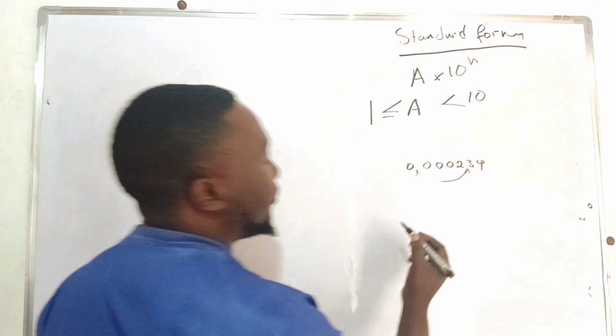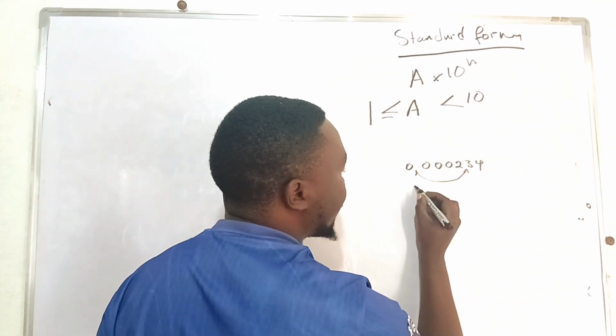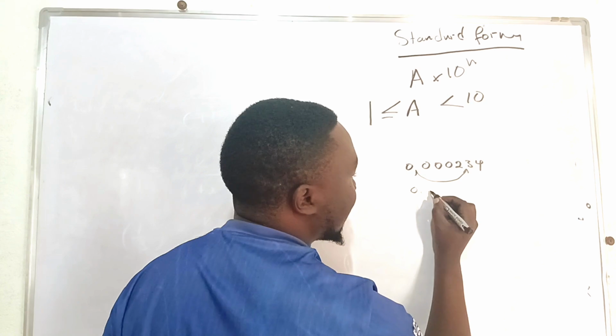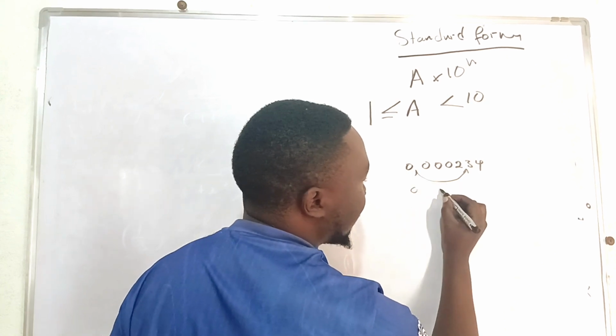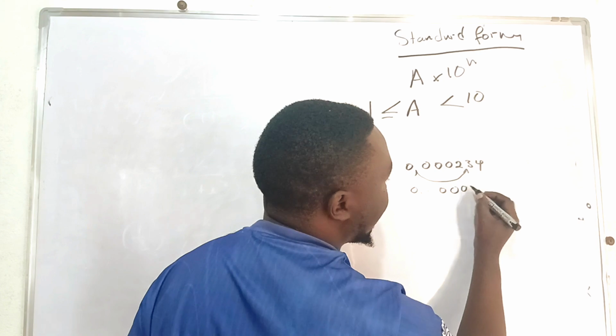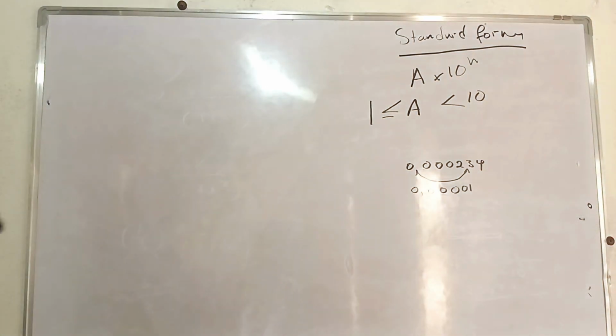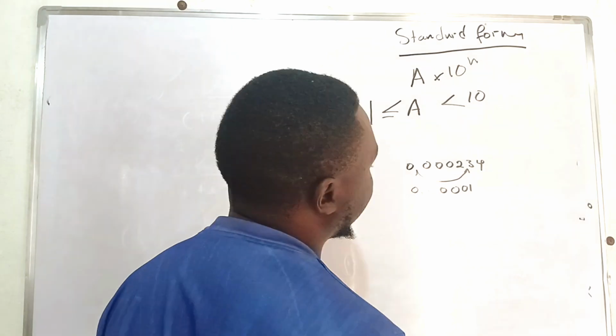That's standard form. So the first thing that you're going to do when you move the comma, you're going to multiply by this number, 0.0001. So this is the number that you're going to multiply by.